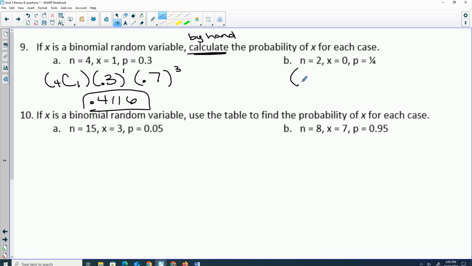B, n choose x, so 2 choose 0. P, 1/4 to the x, to the 0. 1 minus p, so 1 minus 1/4 is 3/4, to the n minus x, 2 minus 0 is 2.